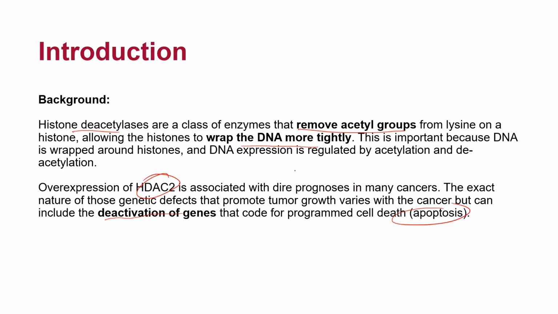Because the removal of acetyl groups causes the DNA to be packed more tightly, it will inhibit the expression of genes that code for programmed cell death. In that case, it will promote the proliferation of the cancer cell, which we don't want to happen, right? So we want to inhibit this enzyme, so that the DNA can be unpacked, and therefore the genes that are responsible for inhibiting cell proliferation will be expressed.